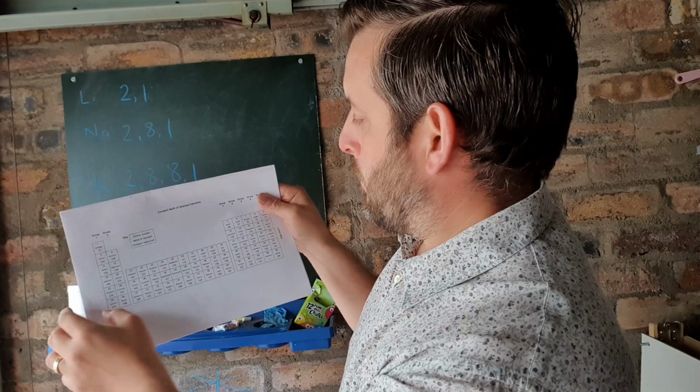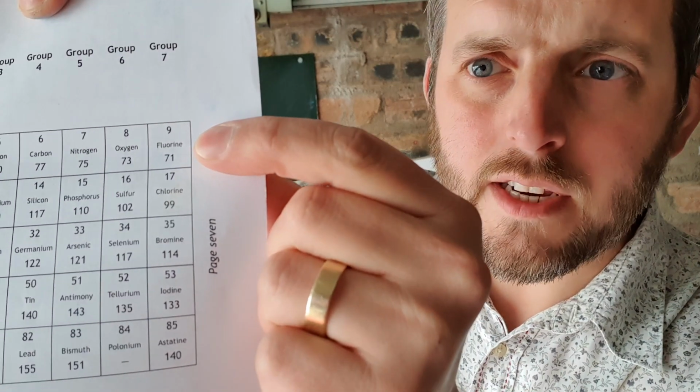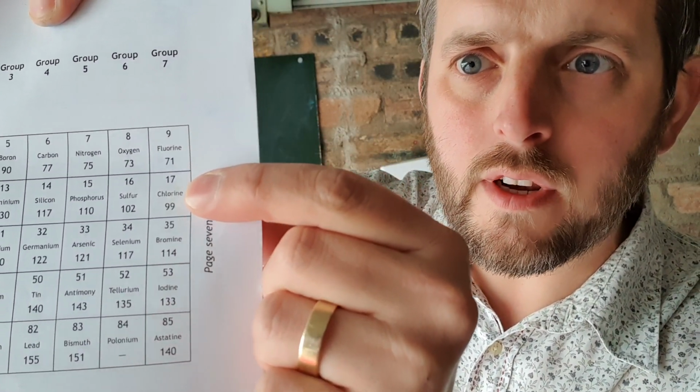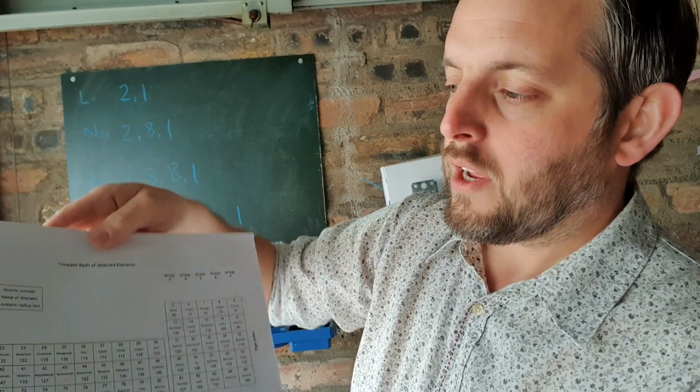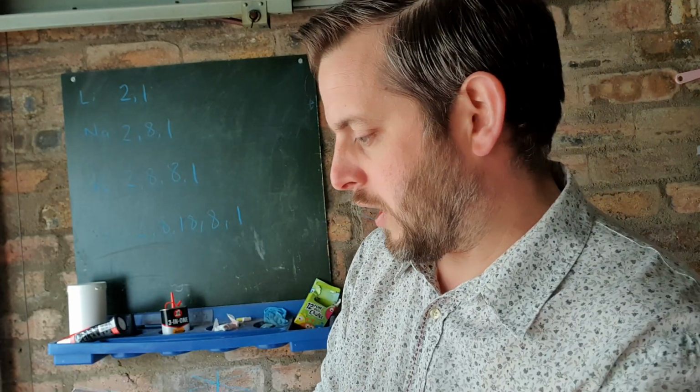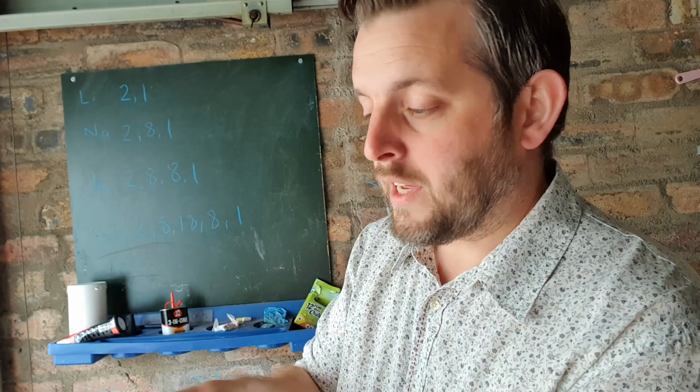It holds for all the groups, okay, that we looked at group 1, but it's the same for any of the other groups. We could look at the halogens here in group 7, and you're seeing the same sort of idea. 71 for fluorine, 99 for chlorine, 114 for bromine. They just get bigger and bigger. And it's the same reason: as you're going down each group, you're getting an extra shell of electrons added.